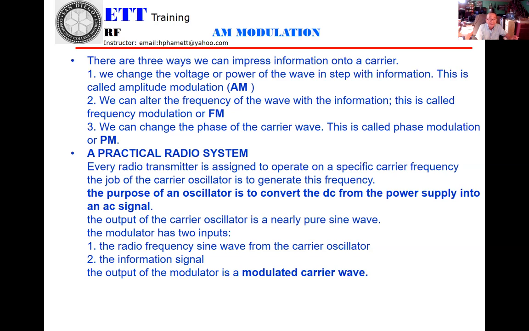AM means the carrier's amplitude is changed by your voice signal. FM means the carrier's frequency is changed by your signal. And the last one, we can change the phase of the carrier wave. This is called phase modulation, PM.